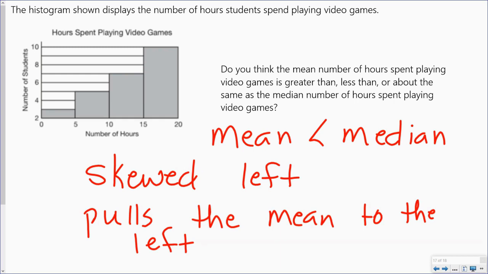And if the mean and the median were equal, and then I pull the mean to the left, going left on the number line is less than where it started off as.